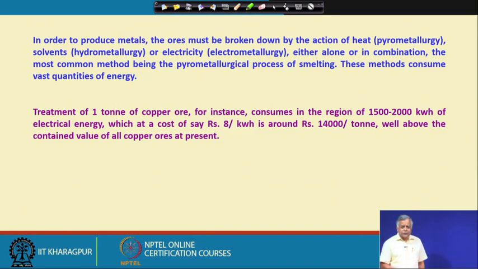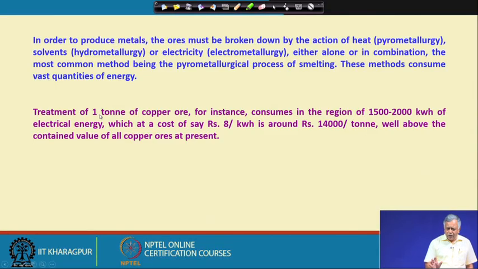For instance, let us discuss this, I am trying to give a rough idea about the energy consumption. Treatment of 1 ton of copper ore consumes in the region of 1500 to 2000 kilowatt hour of electrical energy.